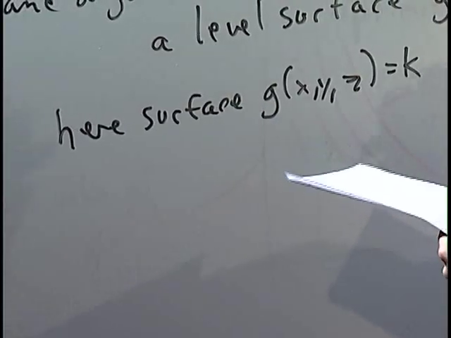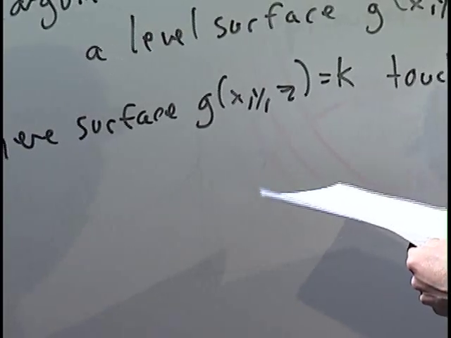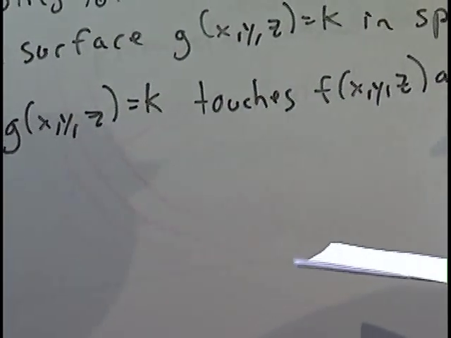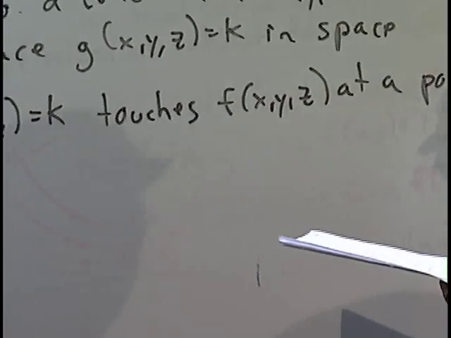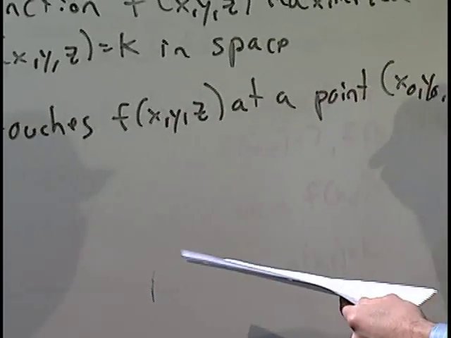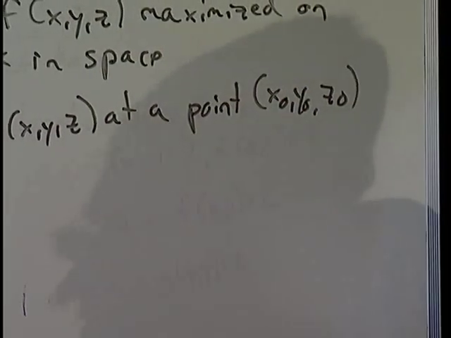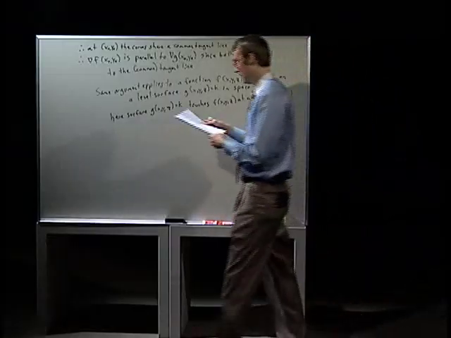touches f of x, y, z at a point x naught, y naught, z naught. So there's still a common point of intersection, right? It's still a single point of tangency, right?